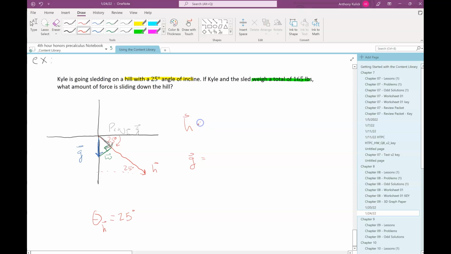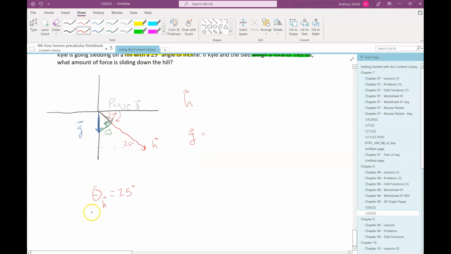So for the hill vector, are we told anywhere in the problem how long the hill is? No. So what can we assume about the hill? I'm just going to assume its magnitude is 1. Okay.